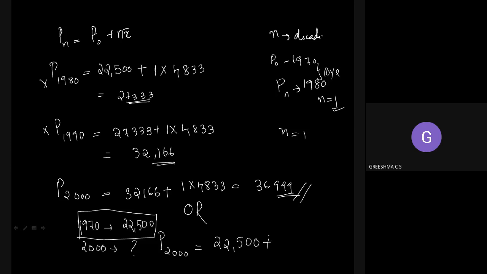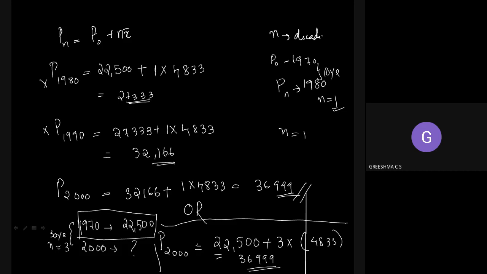The population is 22,500. From 1970 to 2000 it is 30 years, a 30 year gap. So N is 3. So you will get the answer as 36,999. So you can use this method also.